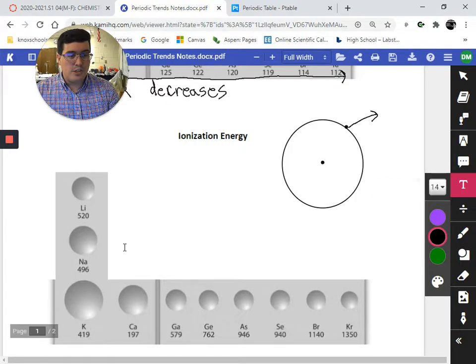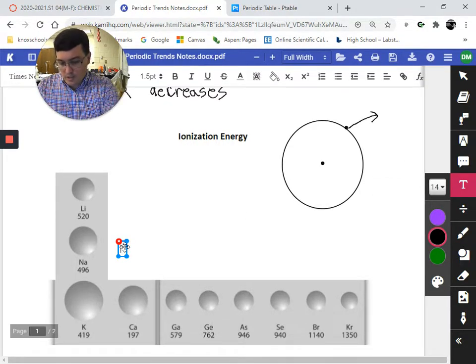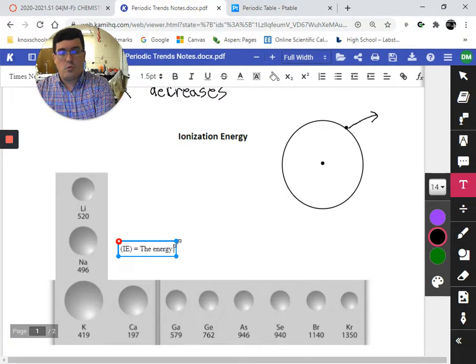So ionization energy, which, you know, chemists, we're wonderfully unimaginative people, the abbreviation for ionization energy is IE. Ionization energy is the energy required to remove an electron from an atom.